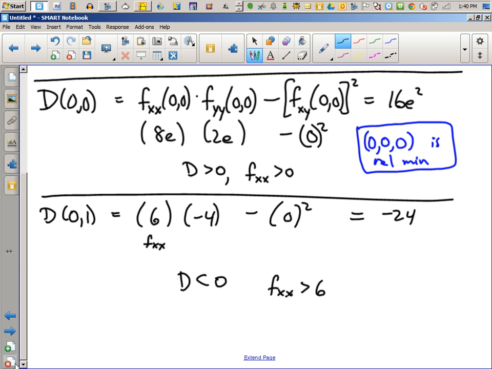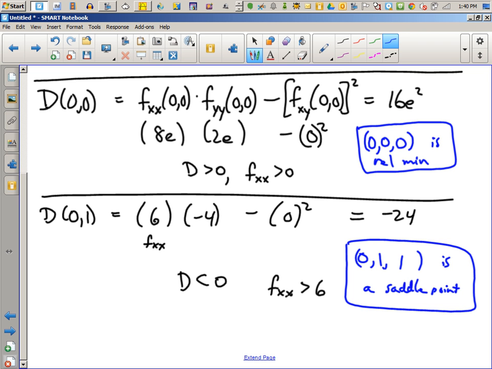So the point (0, 1, 1) is a saddle point. I actually didn't really need to look at fxx, did I? As long as d is negative, it's automatically a saddle point.